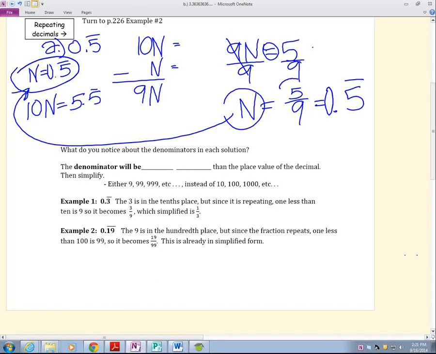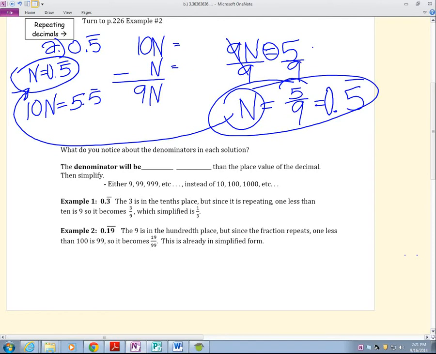So the answer is n equals 5/9, which is 0.555555555. You just found the fraction for a repeating, non-terminating decimal. That's amazing. Isn't it?